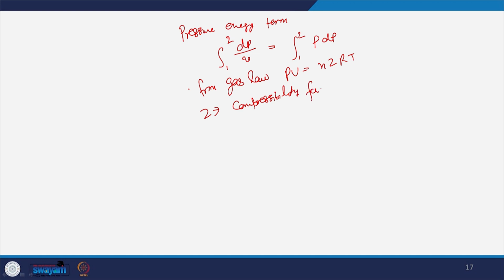The factor of gas, and R is the gas constant.